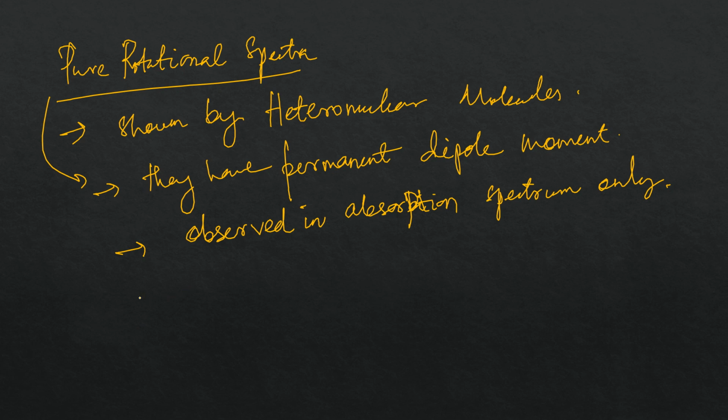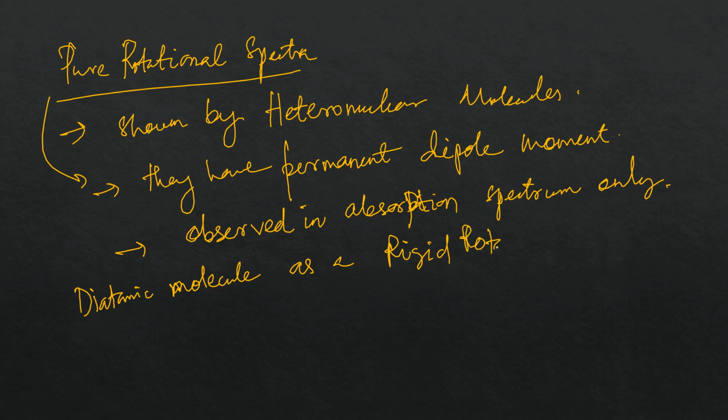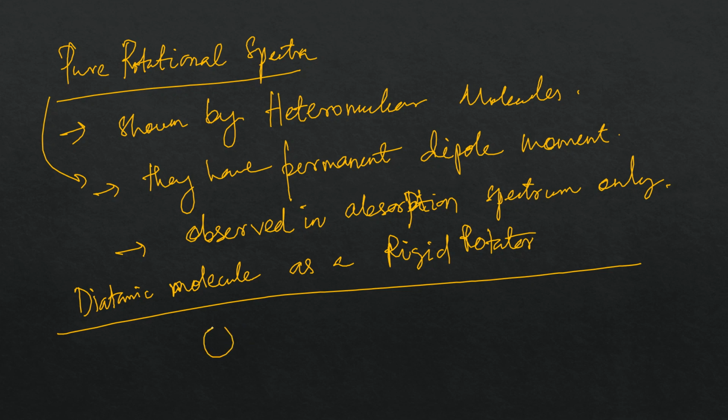Now, next is the diatomic molecule as a rigid rotator. For a diatomic molecule, there are two masses, M1 and M2, at a distance r. Here the bond length r will be fixed.